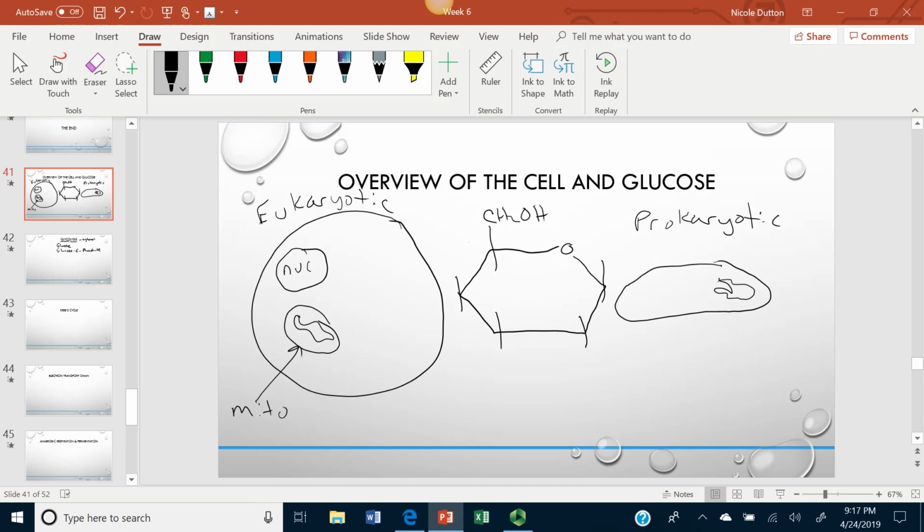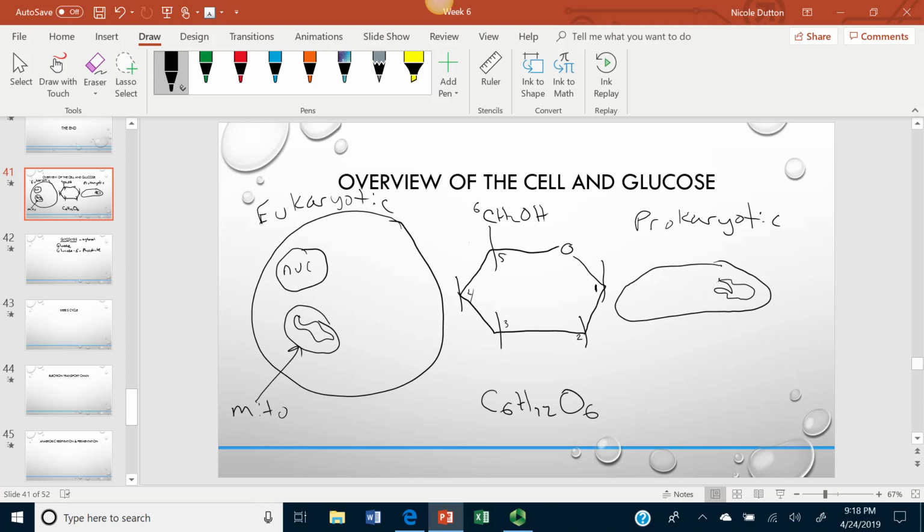In organic chemistry, each carbon is numbered. So if we look at this structure, each one of these corners is actually a carbon. So this is carbon 1, carbon 2, carbon 3, carbon 4, carbon 5, and carbon 6. And the chemical formula for glucose is C6H12O6 because there's 6 oxygen, 12 hydrogen, and 6 carbon.